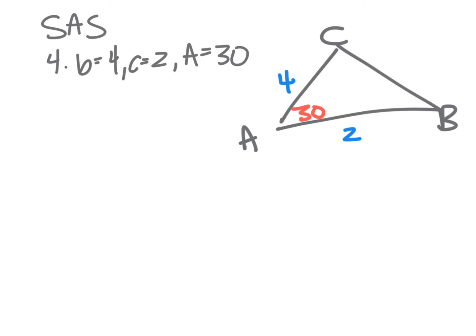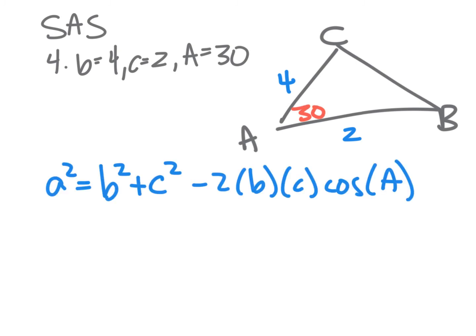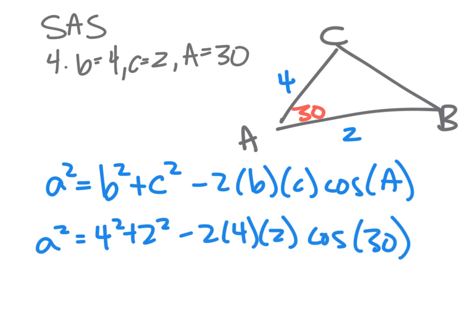So because I have angle A, I'm going to use this formula. Because I know B and C, and I know A. So really, this is just plugging numbers in. So I would just type all of this in, and then don't forget to take the square root because this is a squared, and I would find that A is equal to 2.47.